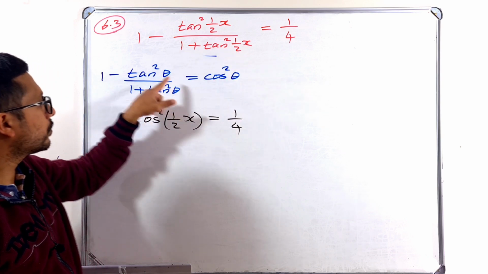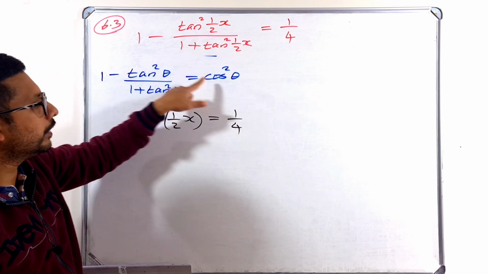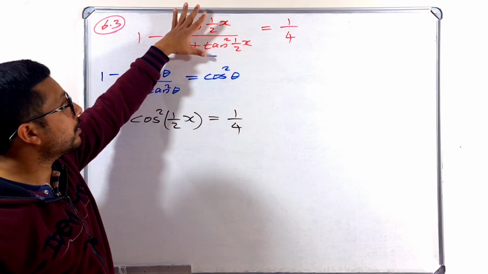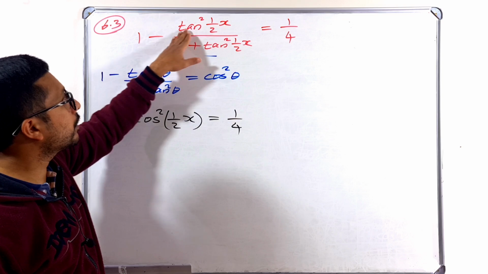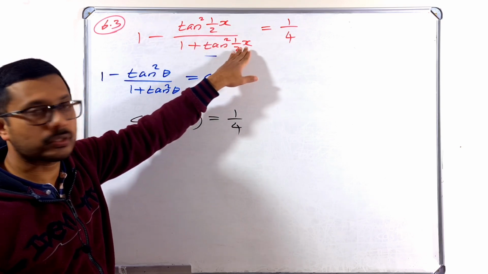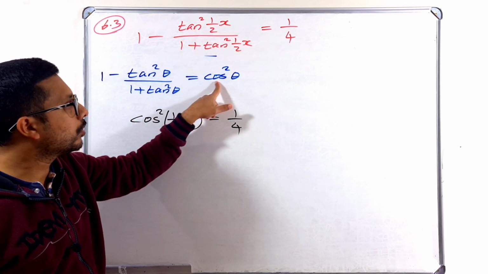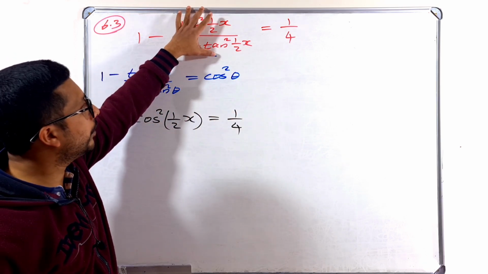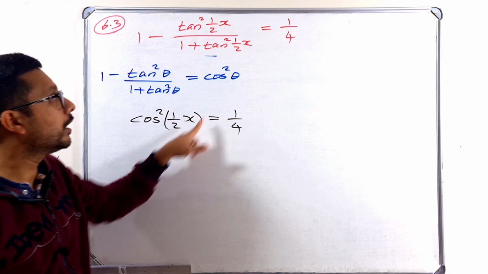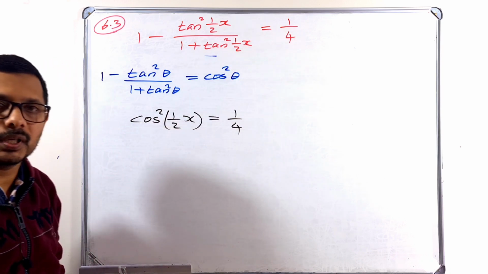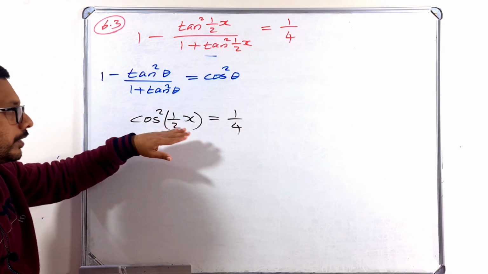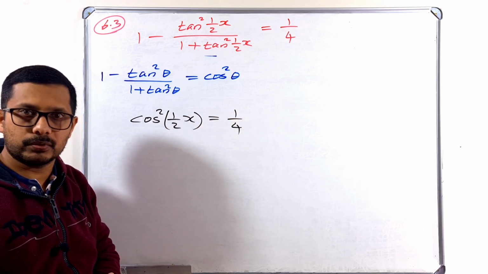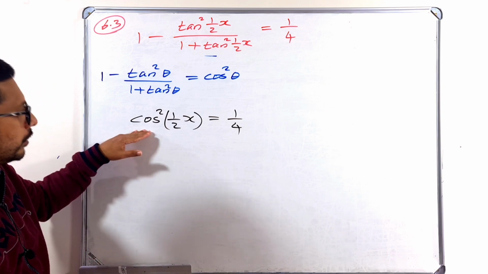So (1 minus tan squared half x) divided by (1 plus tan squared half x) is the same as cos squared half x, and that is equal to 1 by 4. So in effect, you have to find the general solution of cos squared half x equal to 1 by 4. That is all.